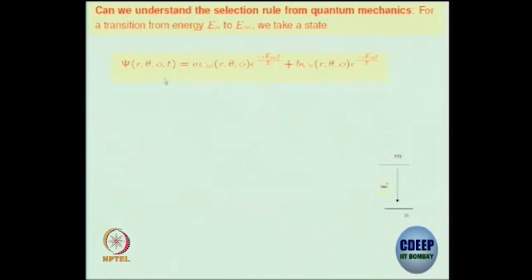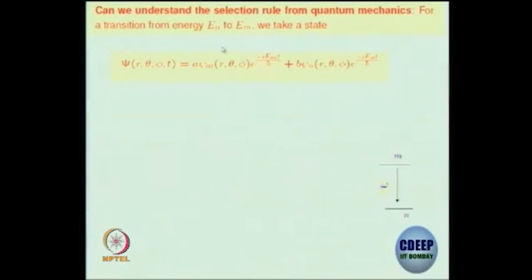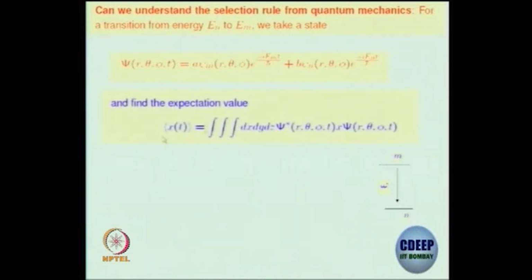Is this superposed state an eigenstate of the Hamiltonian? Yes or no? No, it cannot be. I am not trying to put all the quantum numbers; I am calling the energy levels m and n. To understand this transition you take a superposed state and find, in this state, the expectation value of x of t. You can do that.